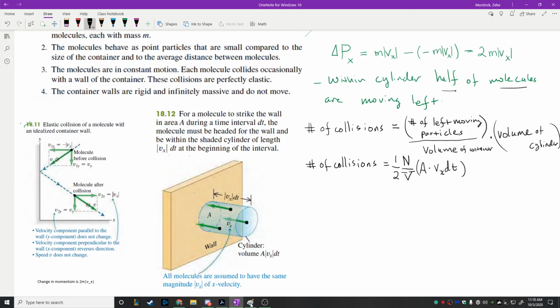I suppose I should say something about just what we're talking about here. The idea is you have some volume. It's closed off.